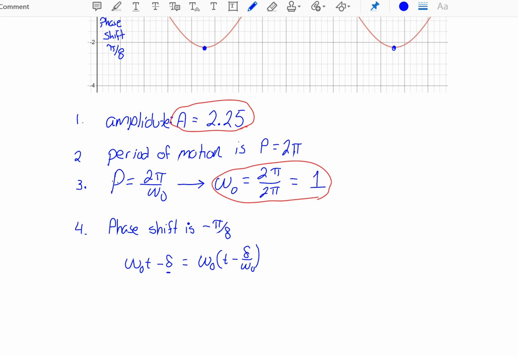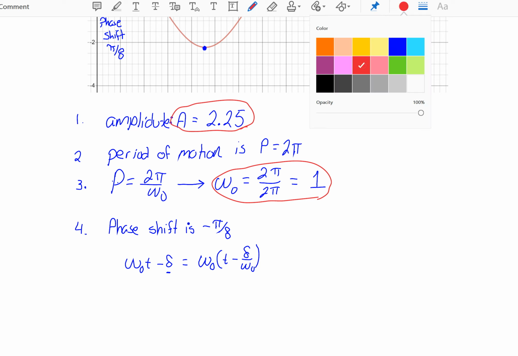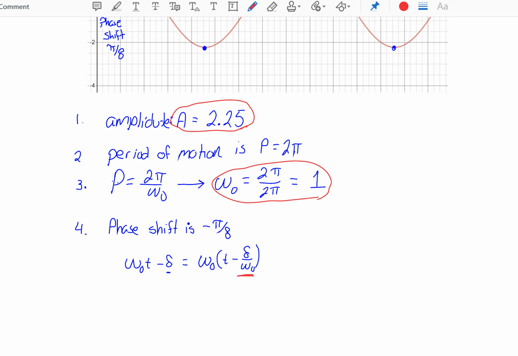This fraction, delta over omega naught, is a representation of your phase shift.